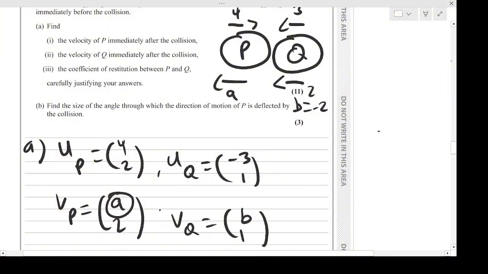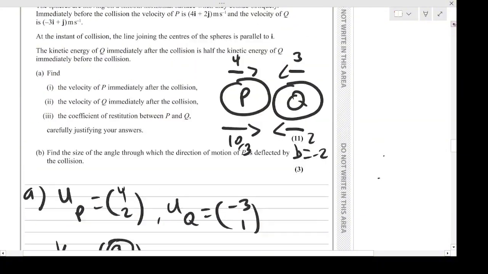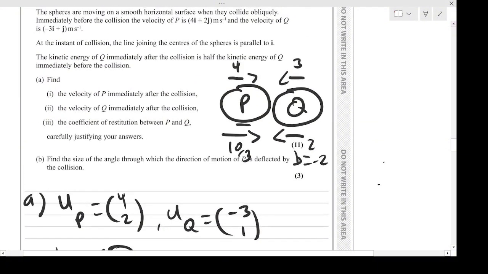So that's telling me if B is minus 2, which tells me Q is going to the left by 2 afterwards, A is positive, it'd be 10 over 3. So actually it'd be going to the right by 10 over 3, because that's the positive direction. Now, that's what we've got. If B is minus 2, this is the situation where Q has to go into P and P will go into Q. That just physically can't make sense. They're going to go into and pass through each other, which can't happen, right?